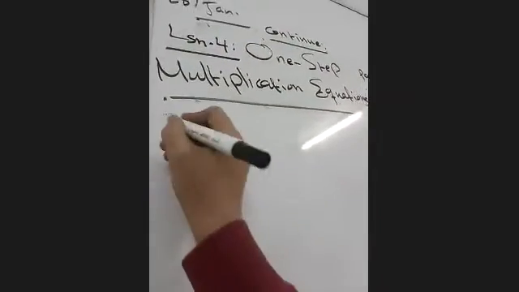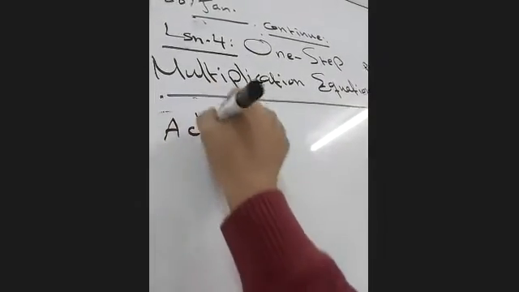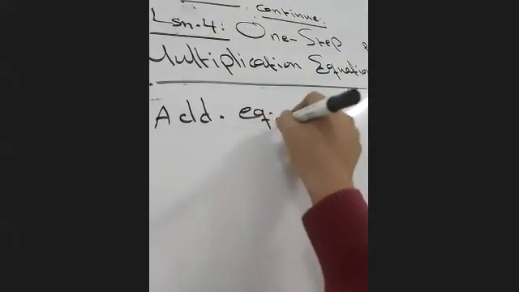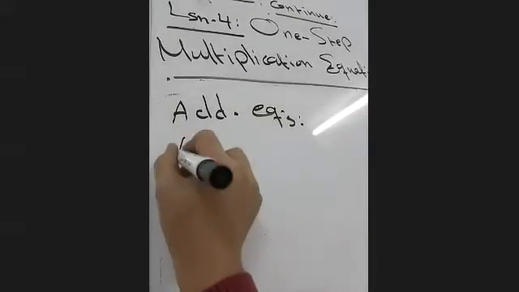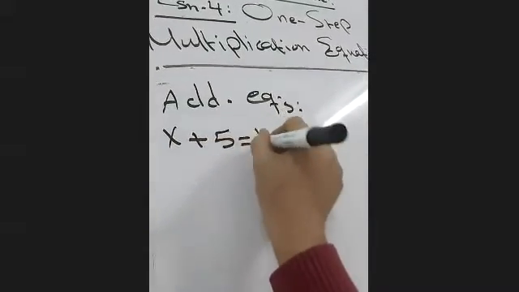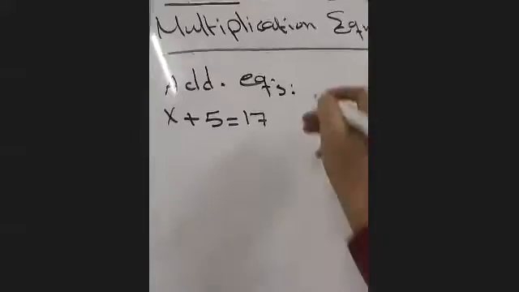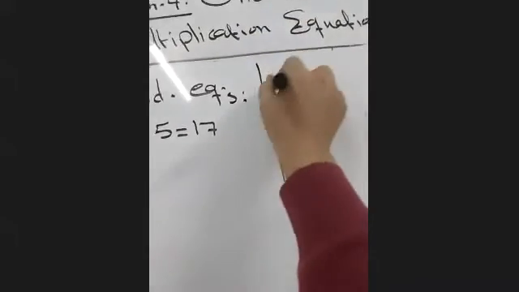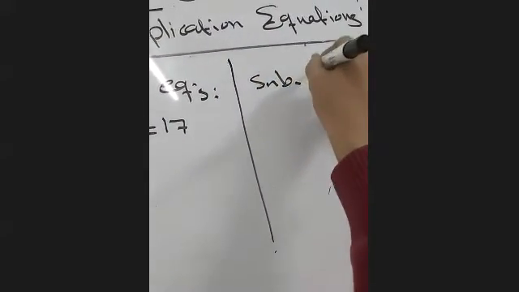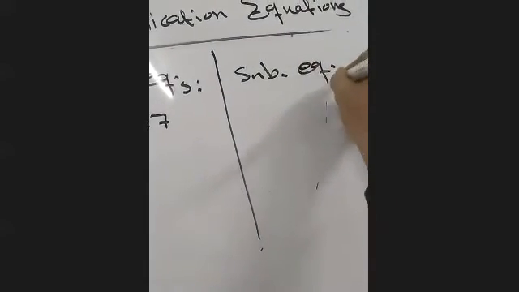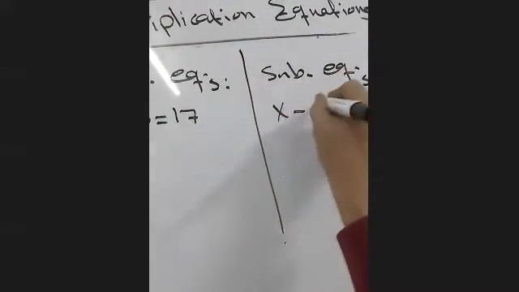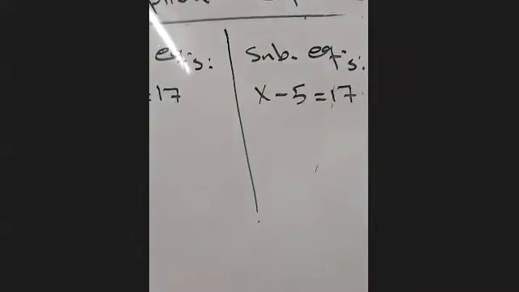The first one is the addition equations, something like x plus 5 equals 17. And the second type, subtraction equations, something like x minus 5 equals 17.